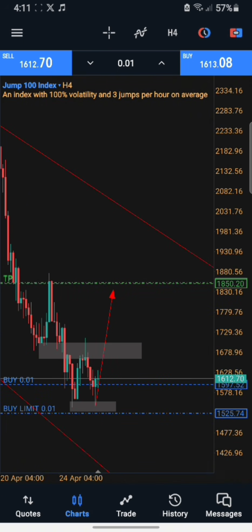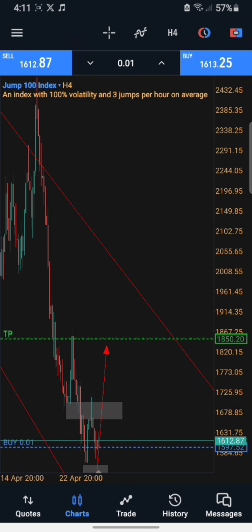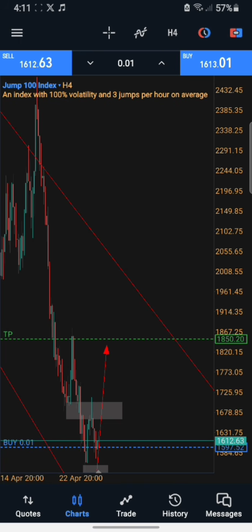So I don't think the market is still going to that buy limit order that I put. So it's just as good as just closing it or deleting it because it has no use. So let me delete it.